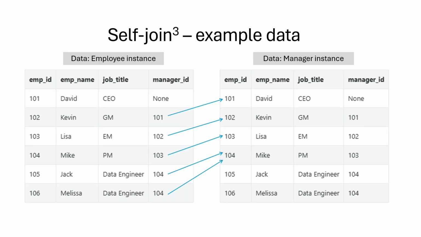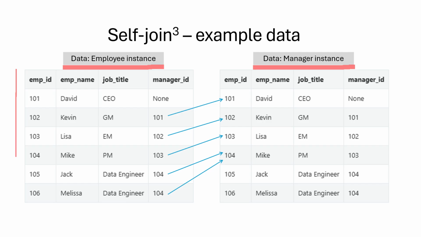Just to make sure we have a clear conceptual understanding of self-join, let us look at the data in the two instances of the employee table side by side. Here is the data for the employee instance, and this is the data for the manager instance. As indicated earlier, the employee instance represents the employee details, whereas the manager instance represents manager details.